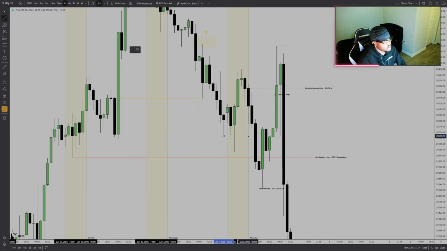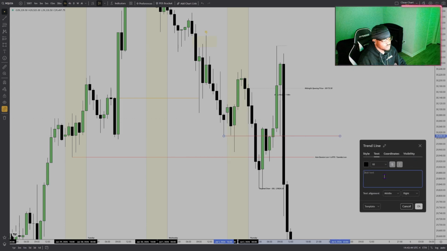So right here at 1600, that was pretty much the low for Wednesday, or the last known low on the day for Wednesday. I'm going to drag that out. So low of the day, and this is Wednesday.